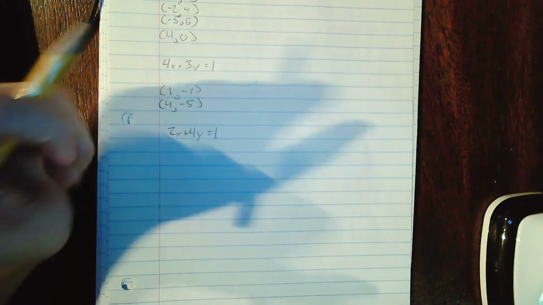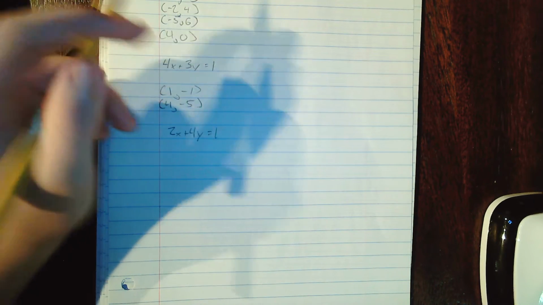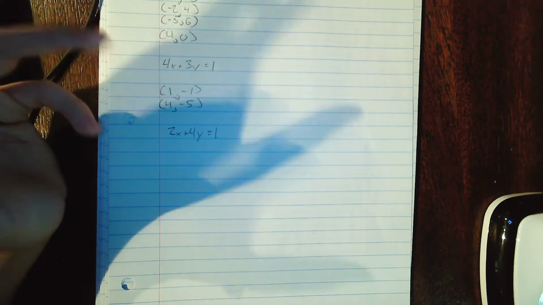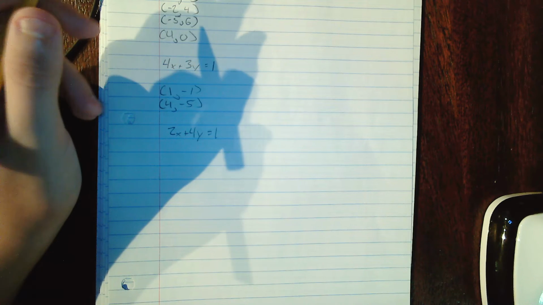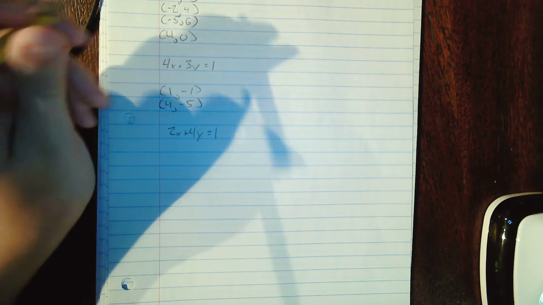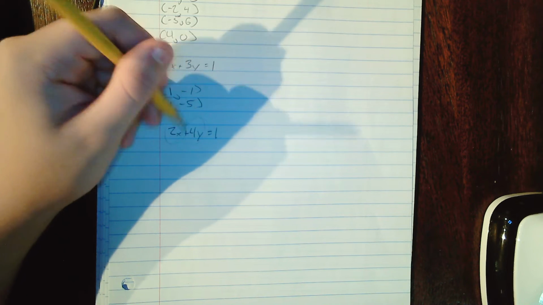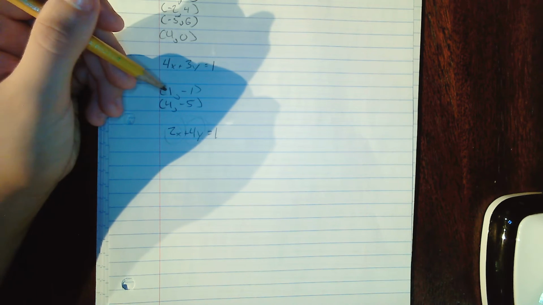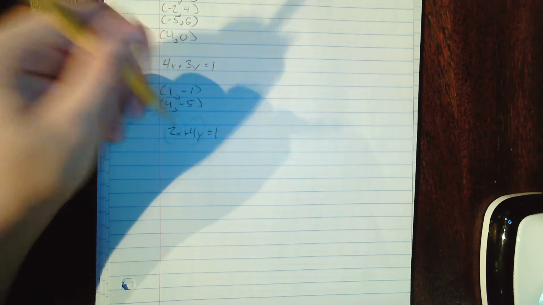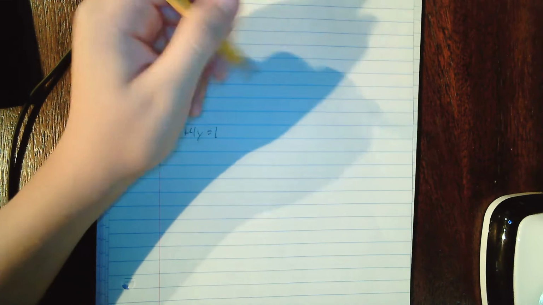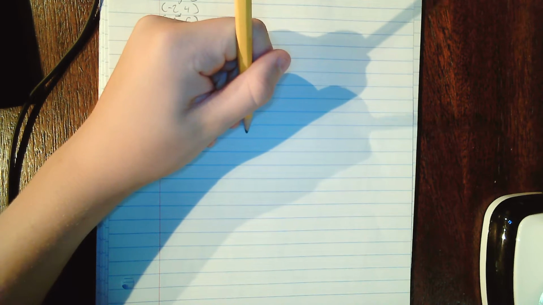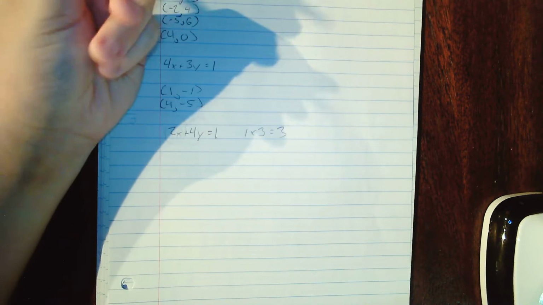Here's why. First off, they have to be integers. But there's a rule: an odd times an odd is odd, so 1 times 3 is odd.